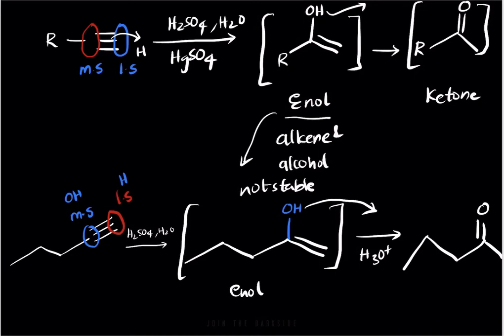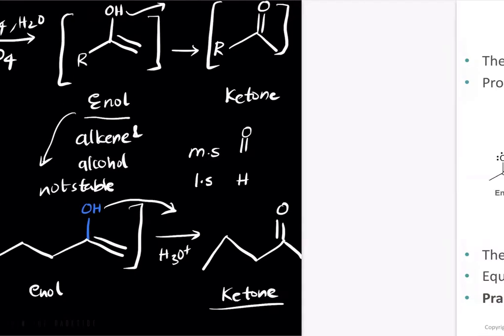So this is a ketone. One way to remember this is the more substituted carbon gets a double bond oxygen, the less substituted carbon gets the hydrogen. So this is the way to remember the structure. And this is the hydration of alkynes.